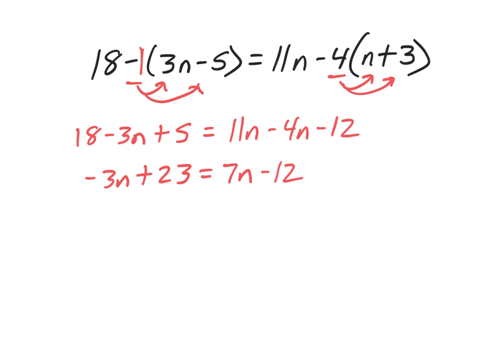minus 12. Okay. And now it's very, very similar to the one we just did not too long ago, right? We've got n's on both sides. We've got to get our n's together. Now, what would be the best move next? The n's, okay. Which one would we rather move? Add the 3. Add 3. Yeah.